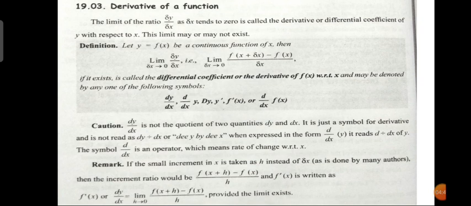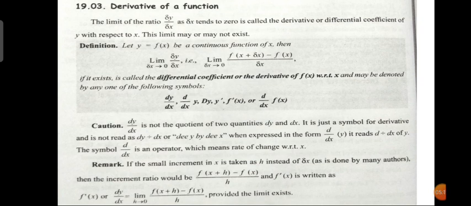It is denoted by dy by dx, or d by dx of y, or y dash, or f dash of x, or d by dx of f of x. These are the symbols used to denote the differential coefficient or derivative.